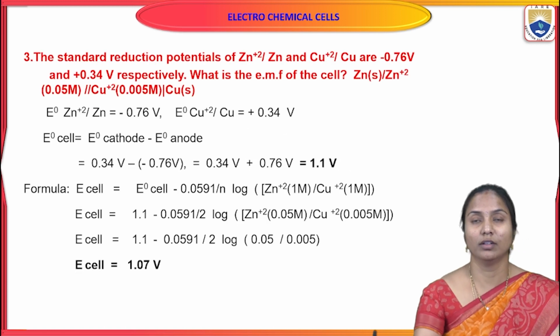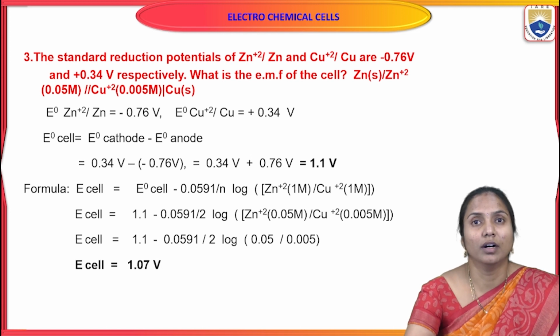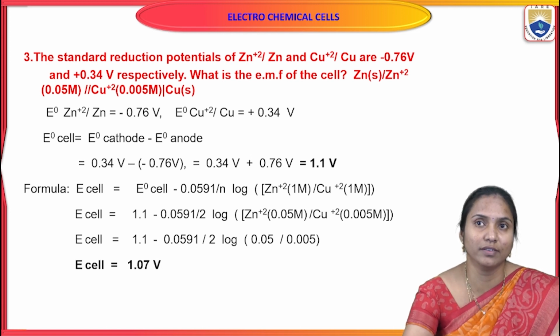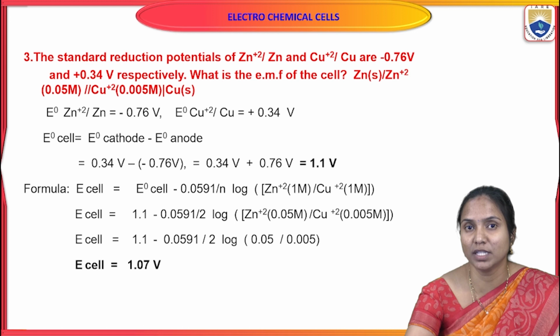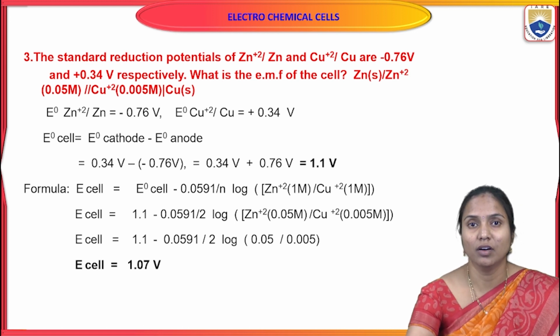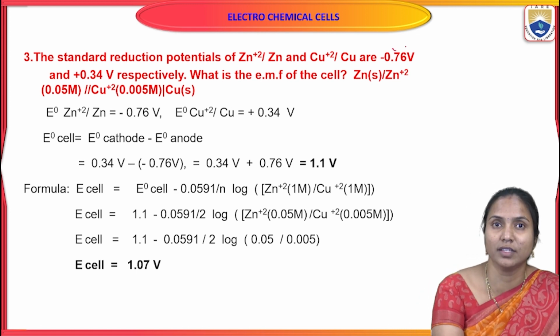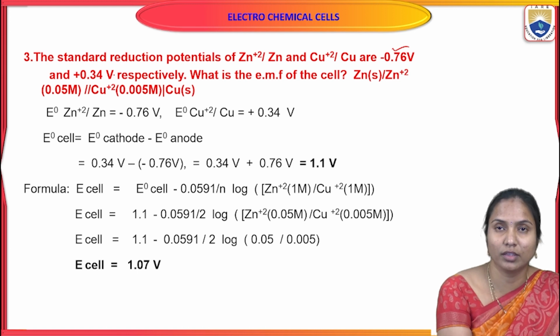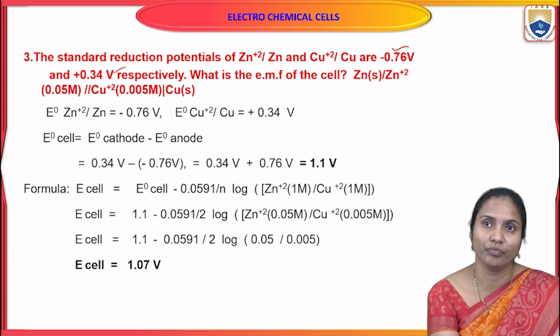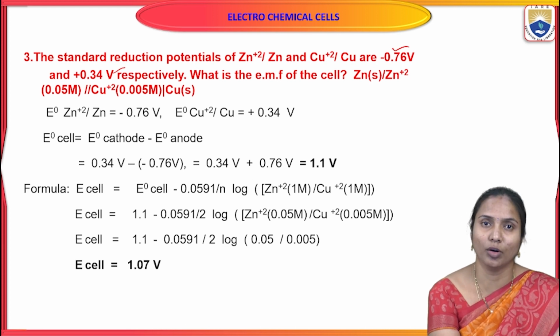And one more model based on this galvanic cell. In this problem, the standard reduction potentials of zinc 2+ by zinc and copper 2+ by copper, these two are the oxidation and reduction half-cells. And these electrode potential values are 0.76 volts and 0.34 volts respectively. So what is the EMF of the cell, zinc and copper?